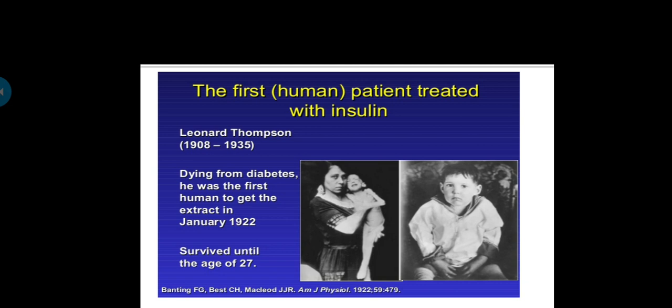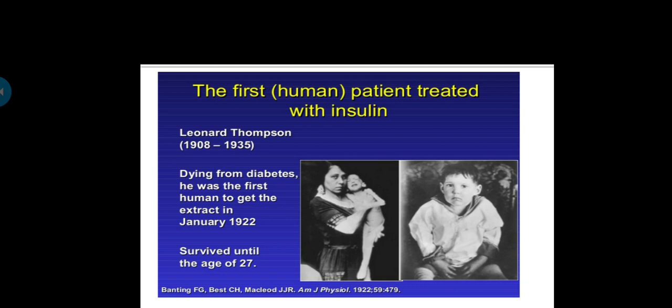He was the first human to get the extract, in January 1922. You will find his name in different quiz competitions: Leonard Thompson is the first receiver of insulin in 1922, and he received it at 14 years. Insulin helped prolong his life for 13 years, so he survived until the age of 27.